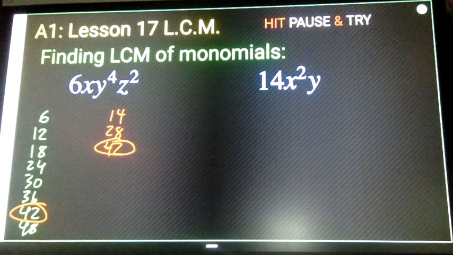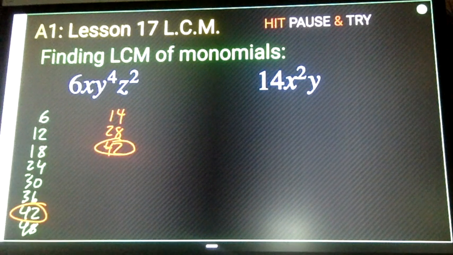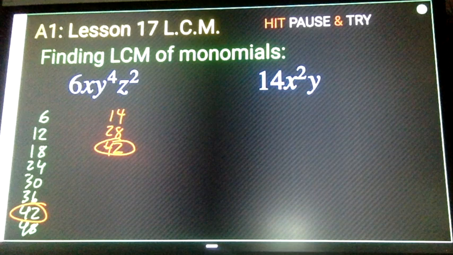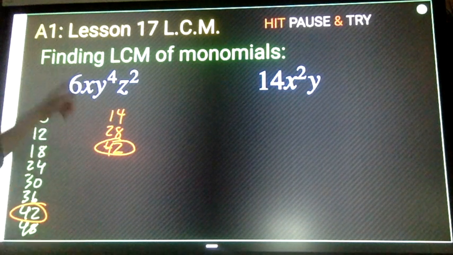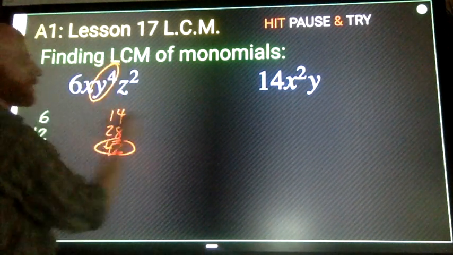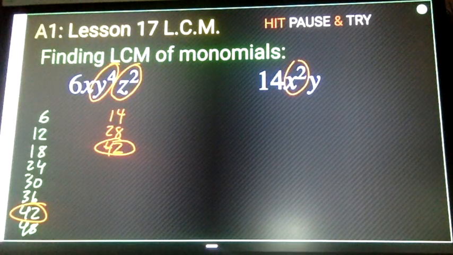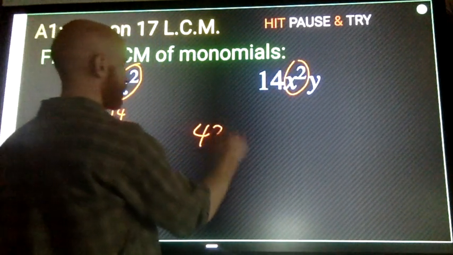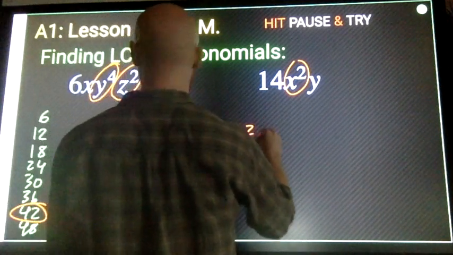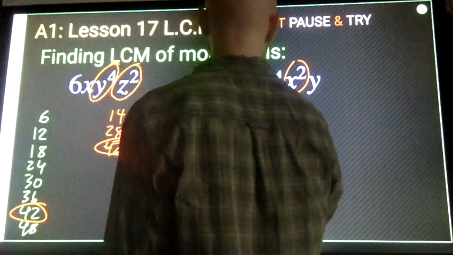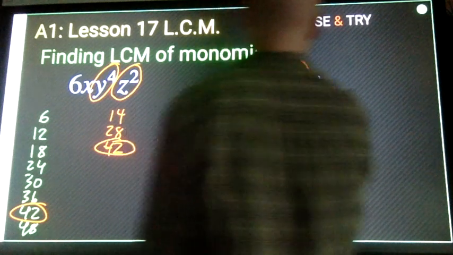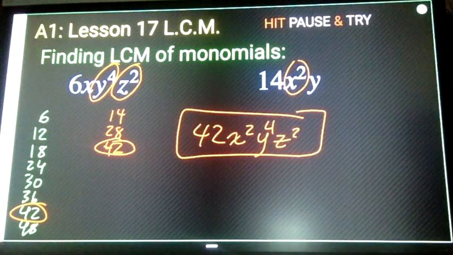All right, both of these numbers divide into 42. 42 is my least common multiple. Y to the fourth, x squared, c squared. Final answer, 42, x squared, y to the fourth, z squared. Least common multiple.